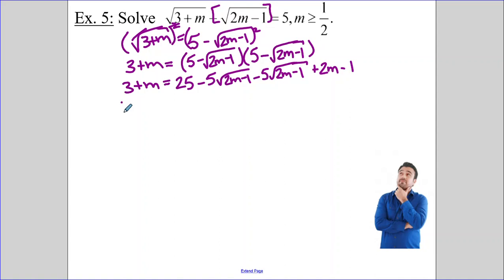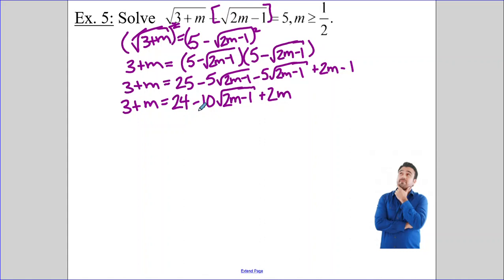So let's tidy this up a little bit. 3 plus m is equal to, looks like I've got 25 minus 1, so that's 24, minus 5 root 2m minus 1 minus 5 root 2m minus 1, so that's minus 10 root 2m minus 1, plus 2m. So I now have everything simplified down on this side.